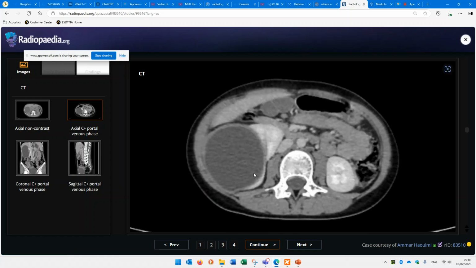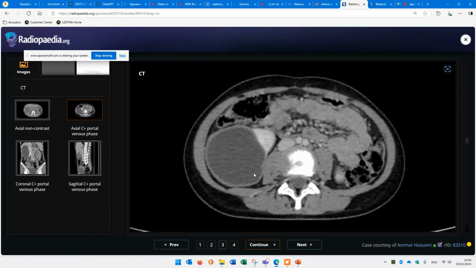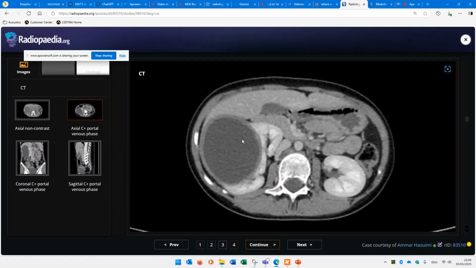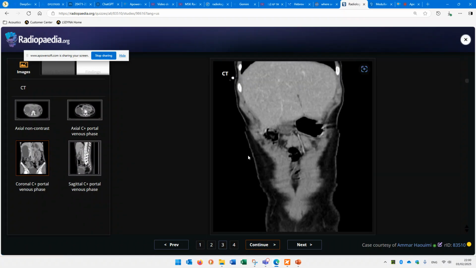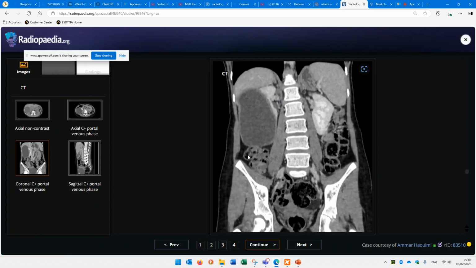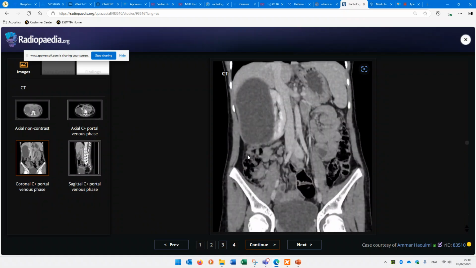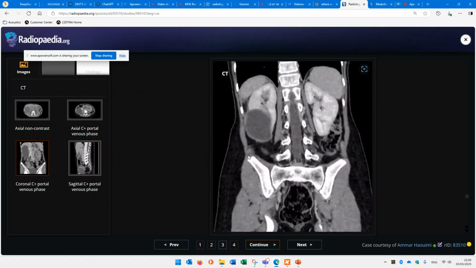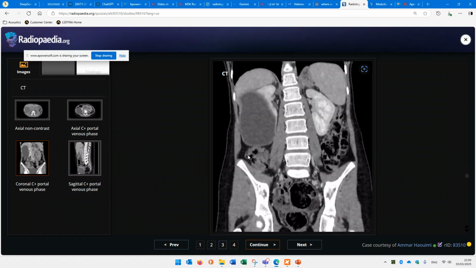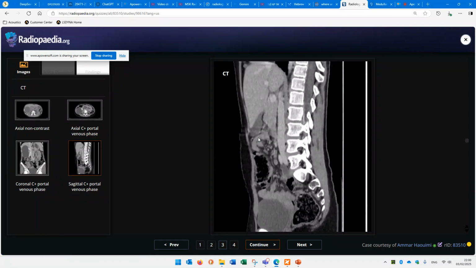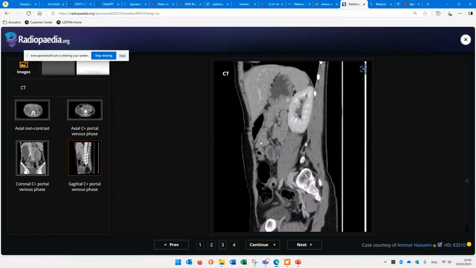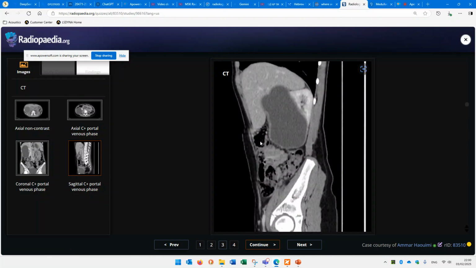It doesn't undergo contrast enhancement, nor do the borders of the lesion. It looks like a cyst, but what can cause such a large cyst? It's not polycystic kidney disease because it's unilateral and only one kidney. What else can we see?